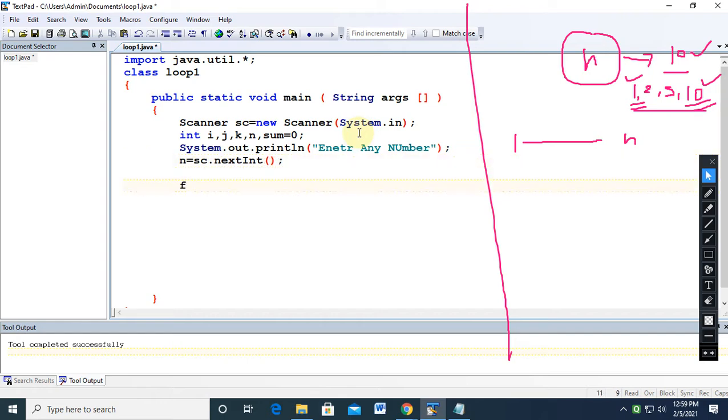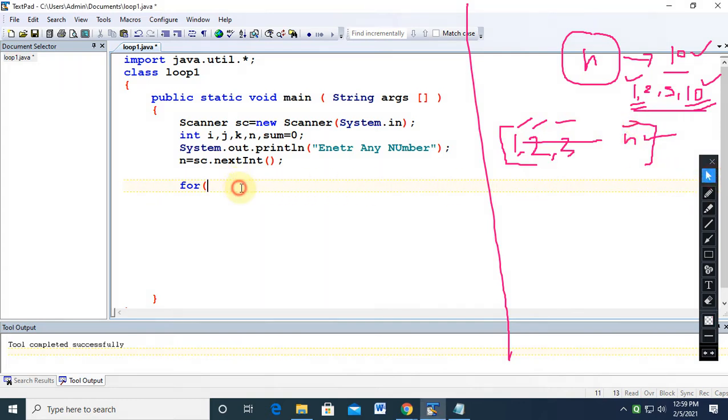Now the first factor everybody knows is 1. After that, maybe 2 is a factor, maybe 3 is a factor, till the number itself. So what we are going to do is generate a loop of natural numbers starting from 1, 2, 3 till the number.